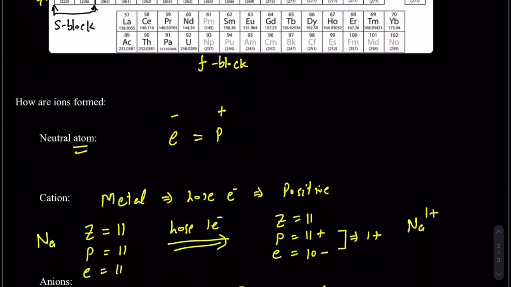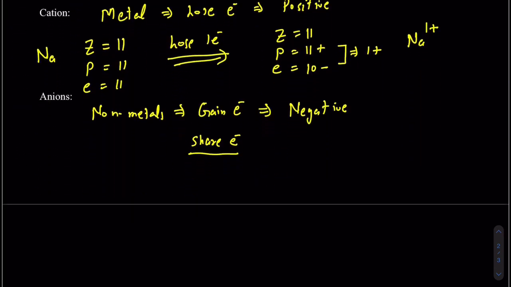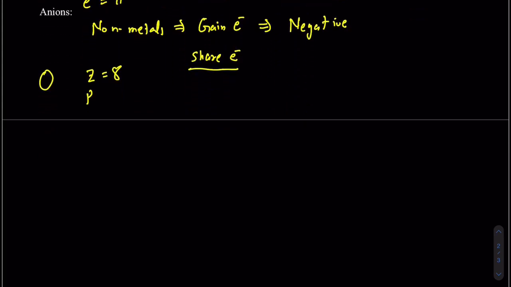So let me write that down on the bottom here. When I have oxygen to begin with, the atomic number is 8. It's got 8 protons and it has 8 electrons as well. Now we said it's going to gain 2 electrons.